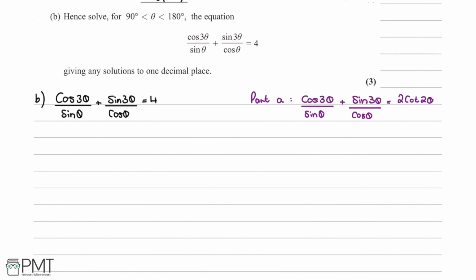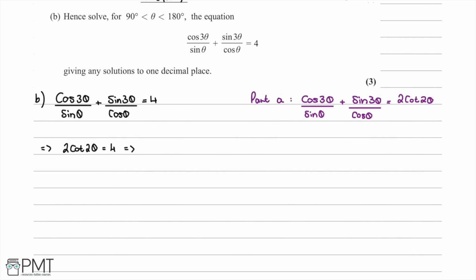So we remember what we proved in part A is that this expression here was equal to 2 cot 2 theta. So we know that we can then write this. So we'll have 2 cot 2 theta is equal to 4. But then we know that 2 cot 2 theta is going to be the same as 2 over tan 2 theta. And then this is something that we can use our calculators and our knowledge of trig to solve.